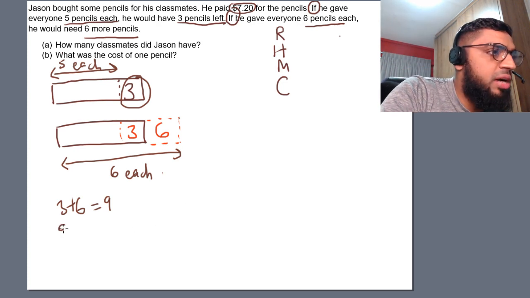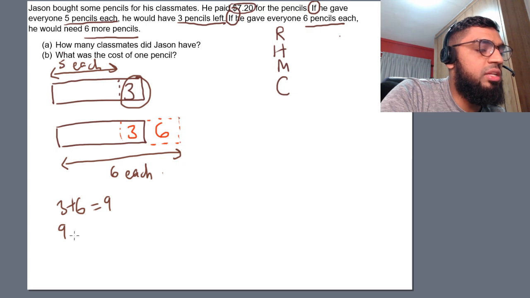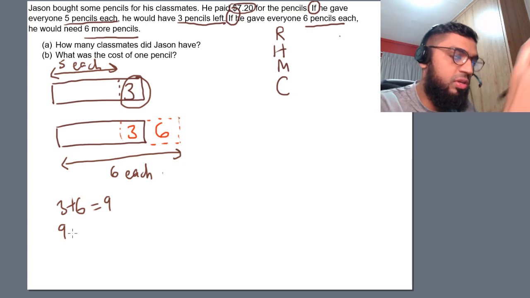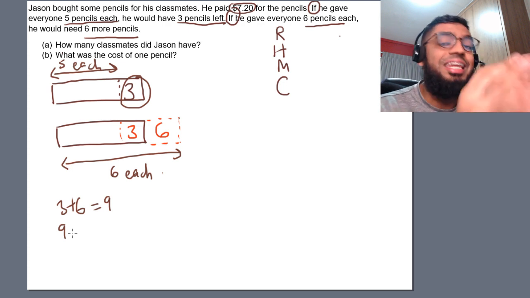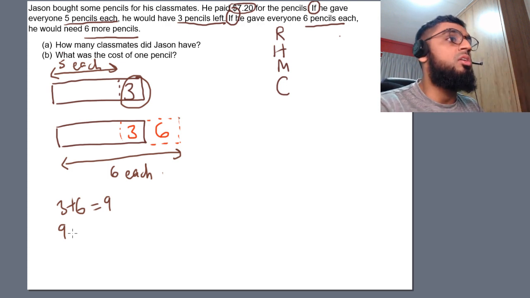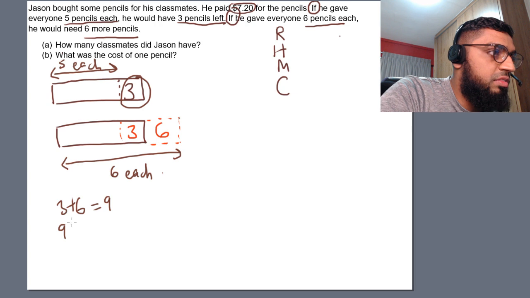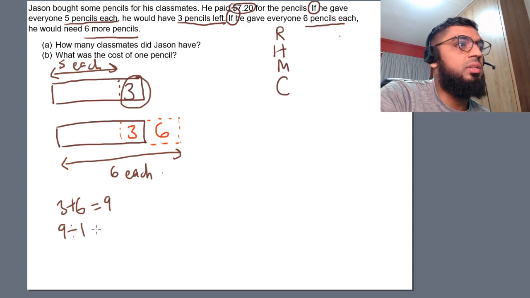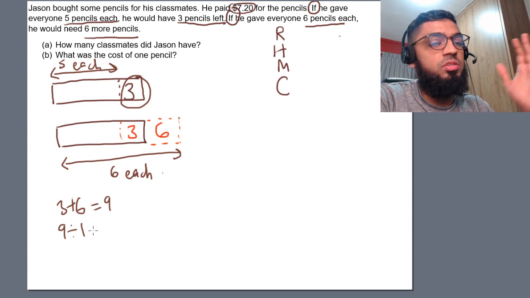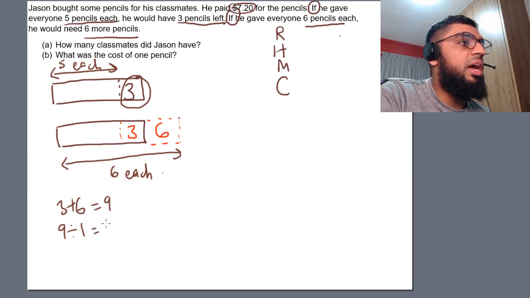From here I can find the number of students. The total number of pencils I need if I give 6 versus 5 is 9 more. So 9 divided by the extra pencils that each student gets, which is 1. How do I get 1? 6 minus 5 is 1. I will get the number 9.